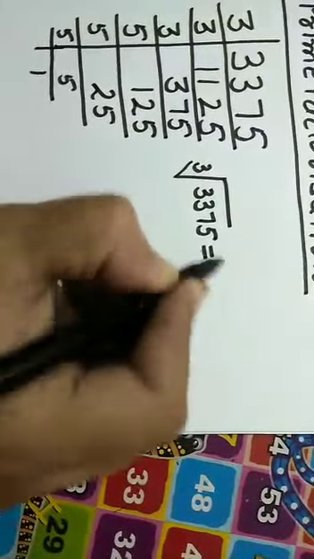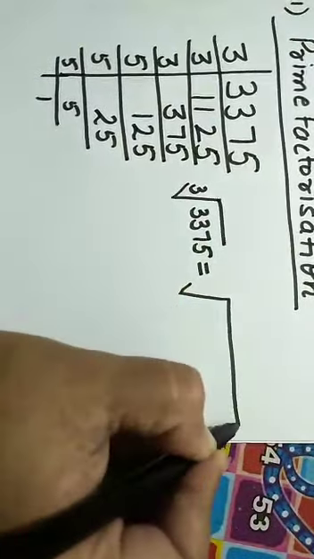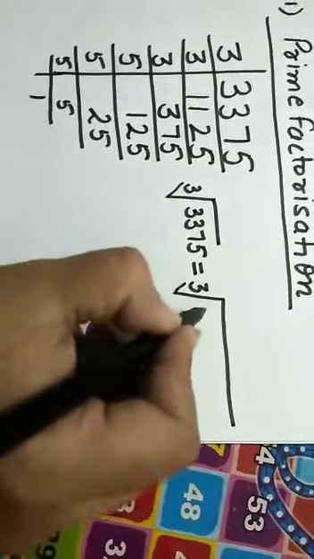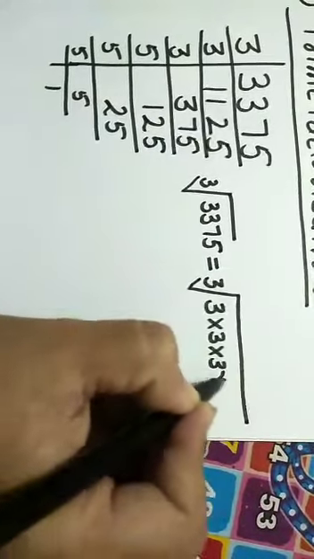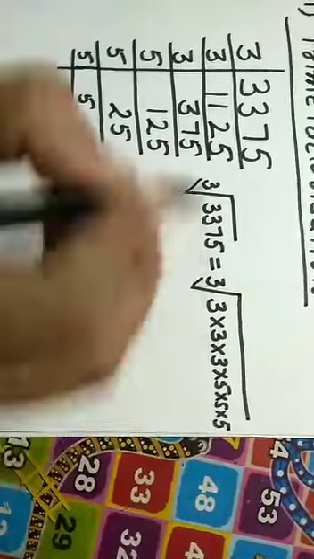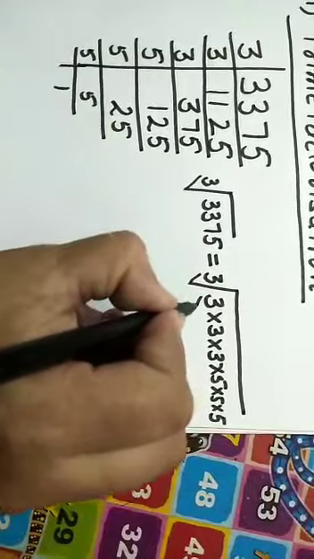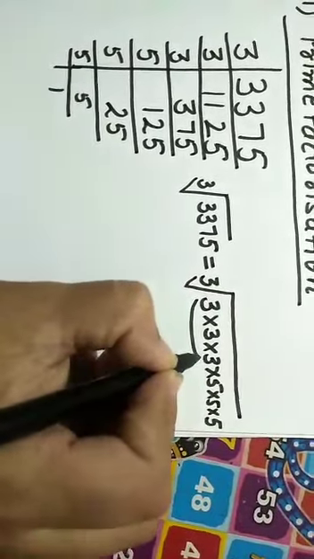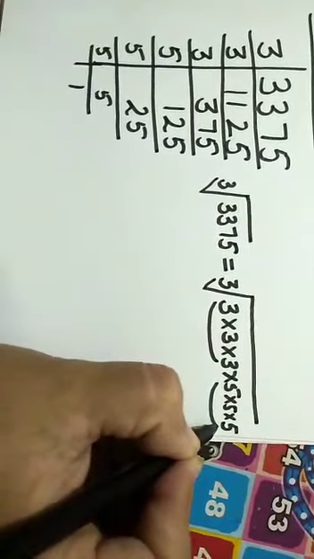Now the cube root of 3375 will be, we write all these prime factors inside the cube root sign: 3 into 3 into 3 into 5 into 5 into 5. Now we'll make groups of 3 numbers because a number we are multiplying 3 times.